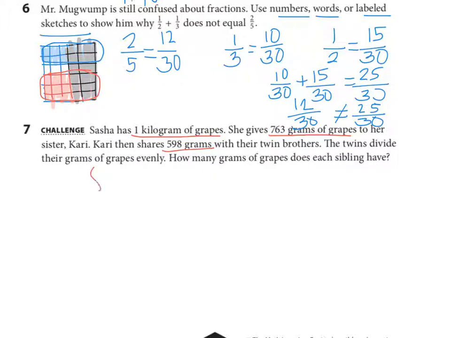So we have Sasha, Carrie, and then we have twin 1 and twin 2.